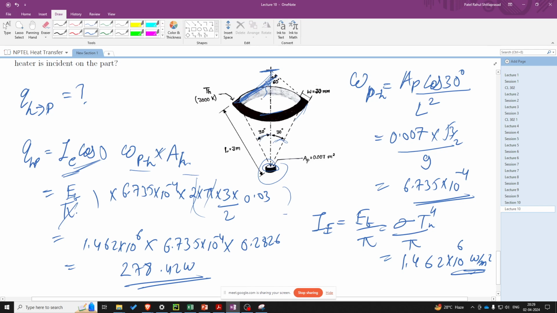So yes, the angle as you mentioned over here will be the angle of the radiation with respect to the perpendicular of the surface. So this is the surface and the perpendicular is basically this line. The radiation that we have been given in the question is also this line. So the angle is basically 0 degree, not 60 degree. So the final answer will come around 278.42 watt.